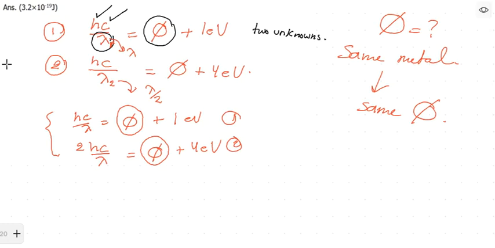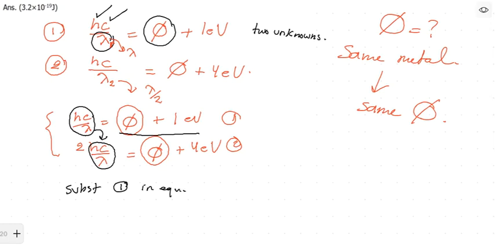Simply, I can use the value of hc over lambda here, which is phi plus 1, and substitute it in the second equation. Instead of hc over lambda in the second equation, I put phi plus 1. So I will get one unknown. So now I substitute equation 1 in equation 2.